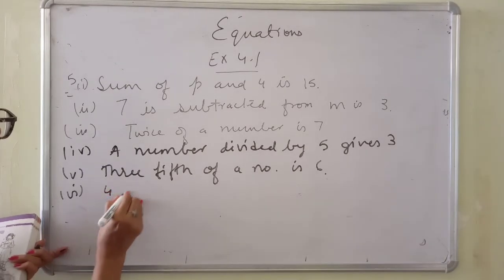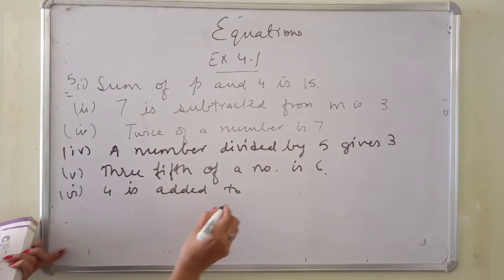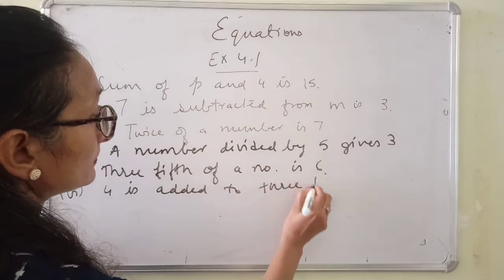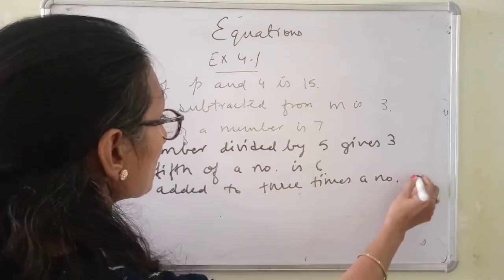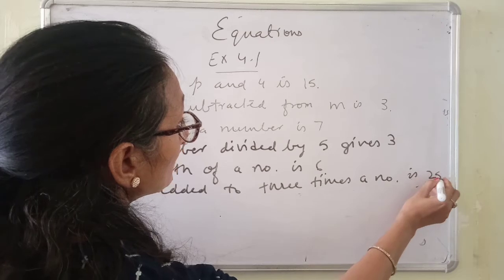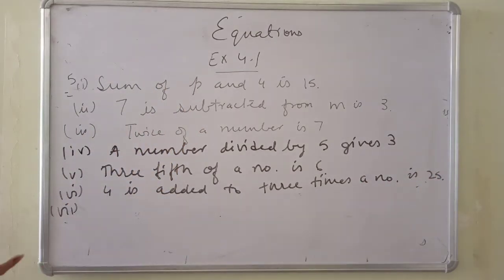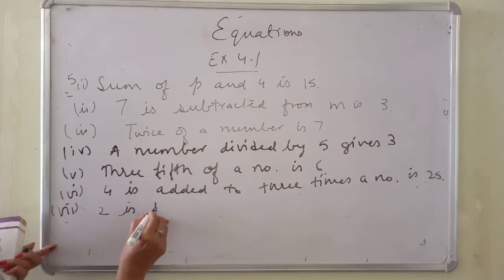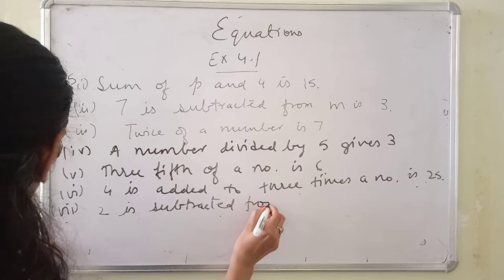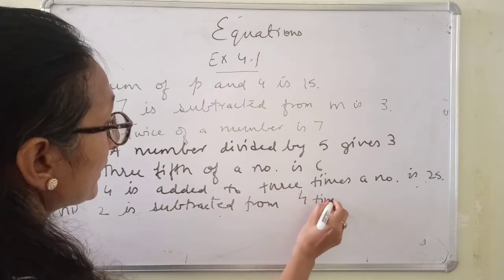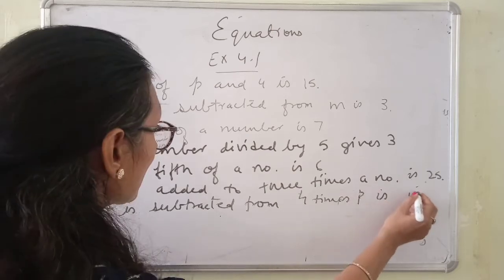So 4 is added to 3 times a number is 25. Next, 4p minus 2 is equal to 18. So 2 is subtracted from 4 times p is or gives 18.